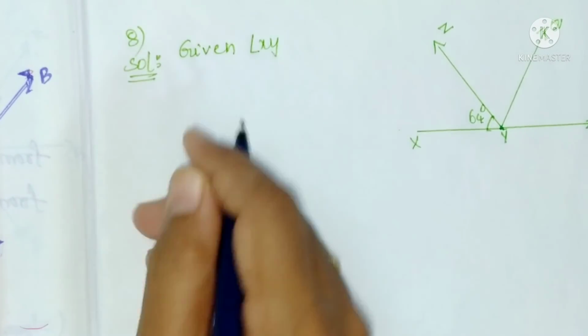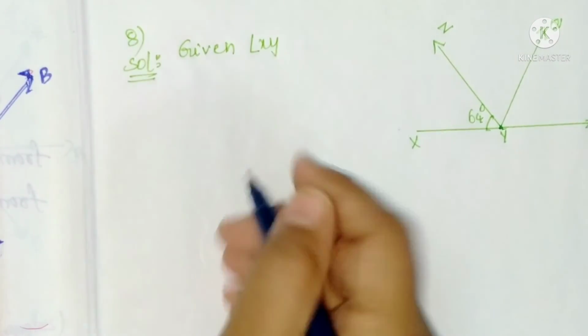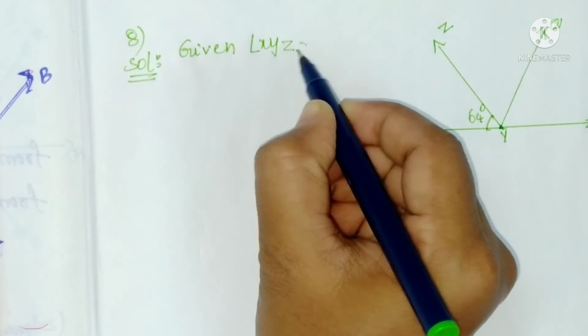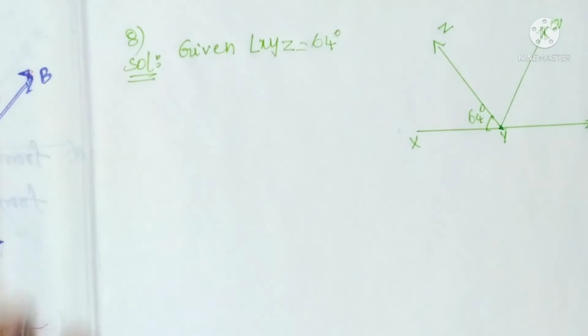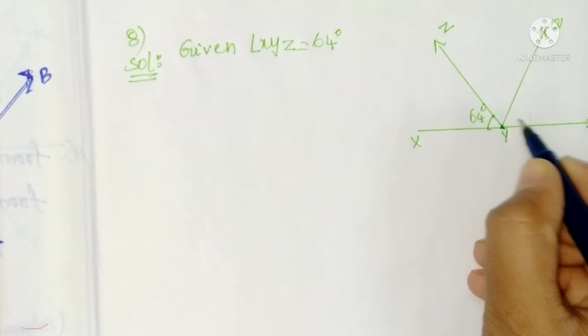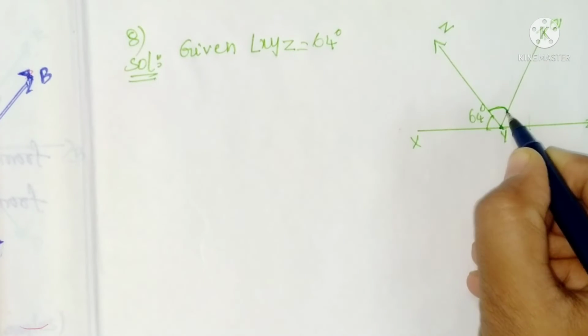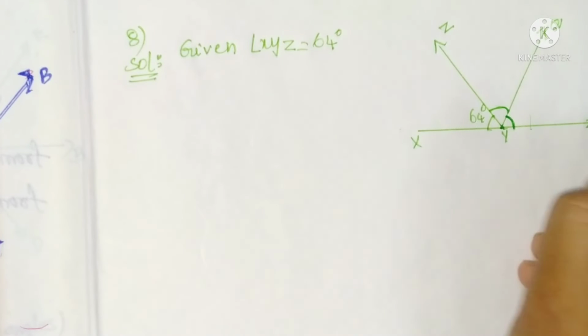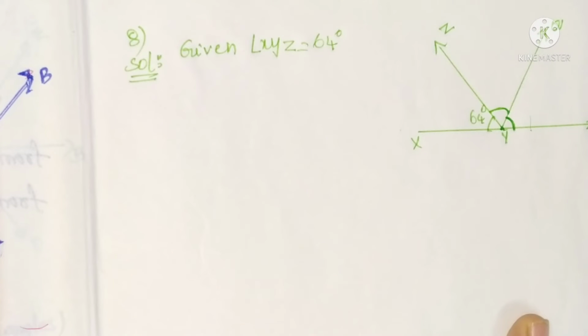First, given angle XYZ is equal to 64 degrees. Now angle XYZ and these other two angles sum to 180, right?